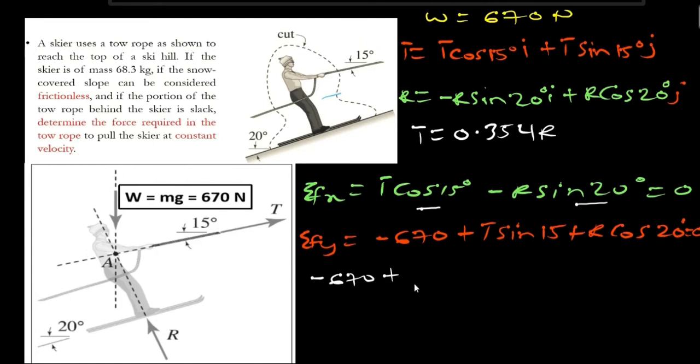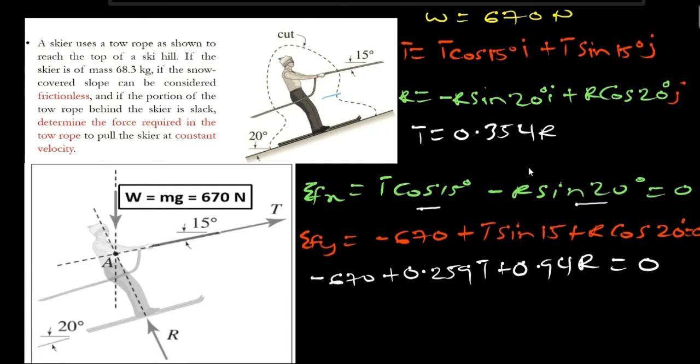So that will be plus 0.259 T, plus R cosine of 20. Cosine of 20 is 0.9396, so that's 0.94. This should be equal to 0.